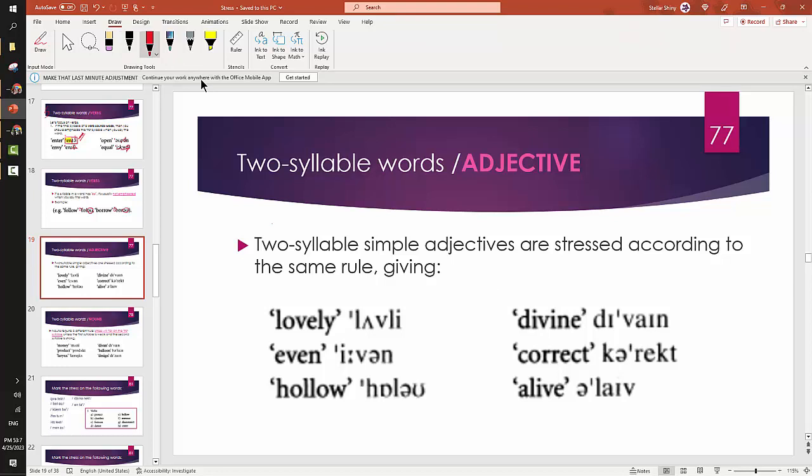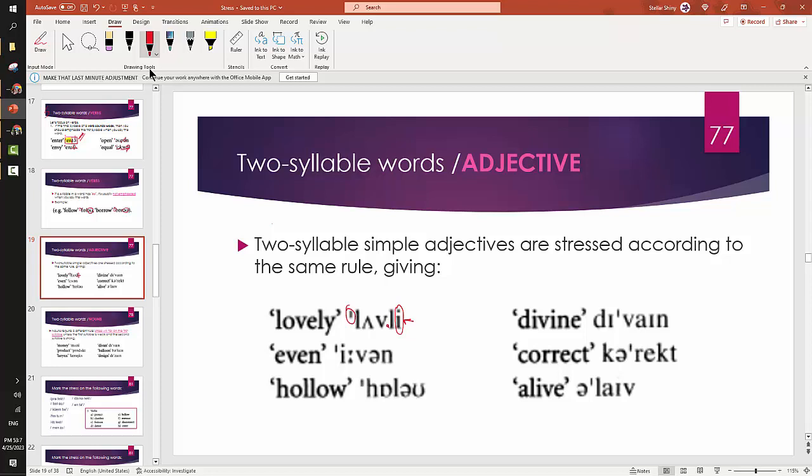We don't say lovely with stress on the second. The stress is on love. Here we have a short e sound. It's weak, so we put the stress on the first syllable.